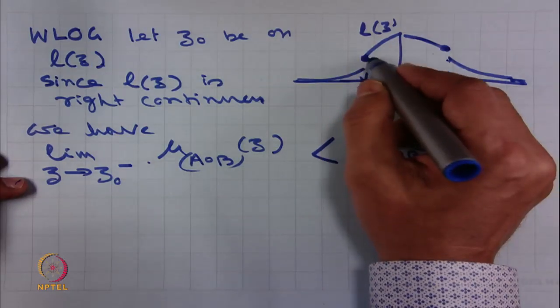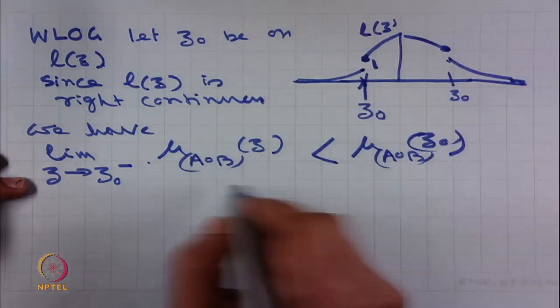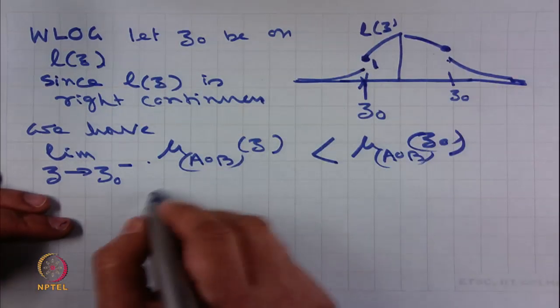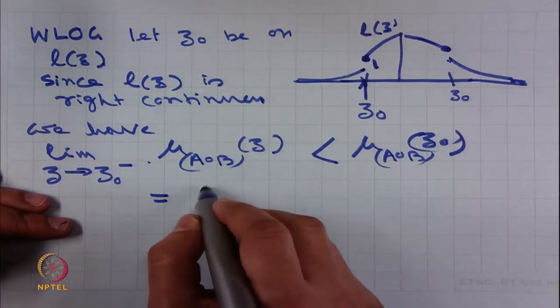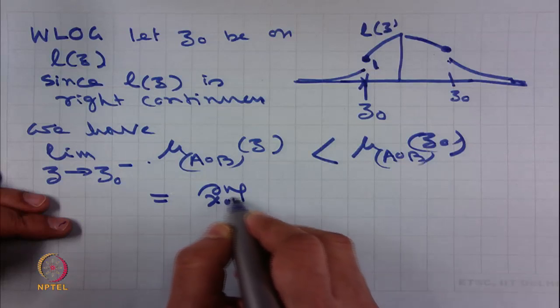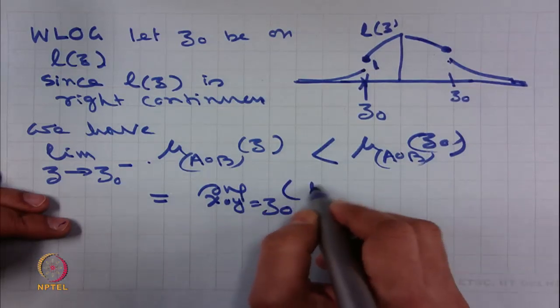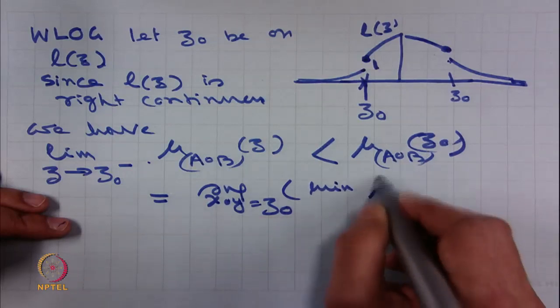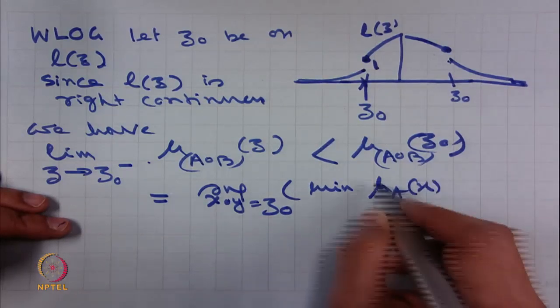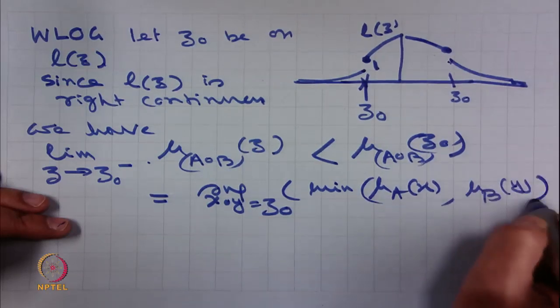As we can understand, there is a gap, therefore, membership has to be strictly less than mu A of B of z naught, which is equal to supremum over x star y equal to z naught of minimum of mu A of x comma mu B of y.